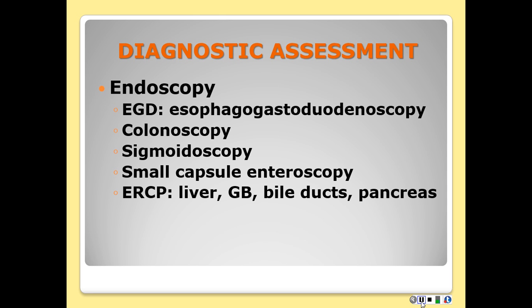Small capsule enteroscopy is looking at the small intestine. And then ERCP, which is an endoscopic retrograde cholangiopancreatography, and I will not test you on that, is looking at the liver, the gallbladder, bile ducts, and the pancreas. Okay, that's kind of a high-tech endoscopy.